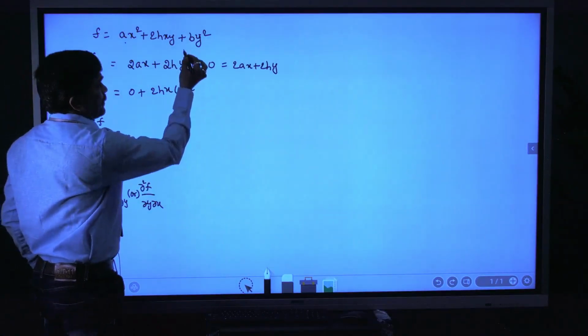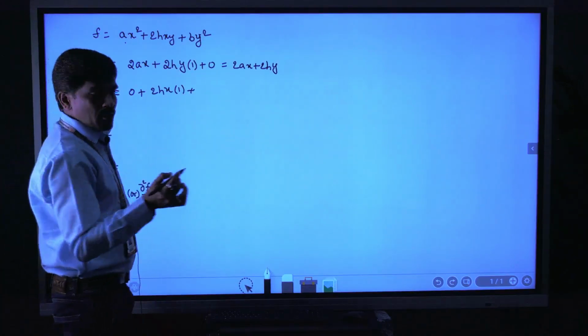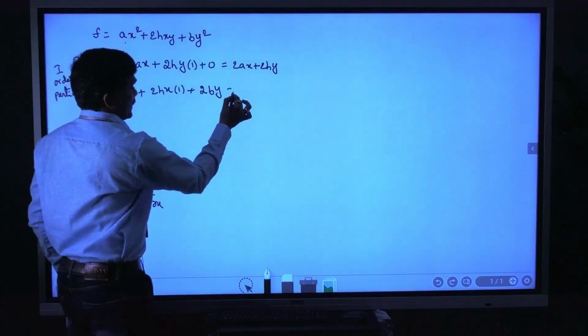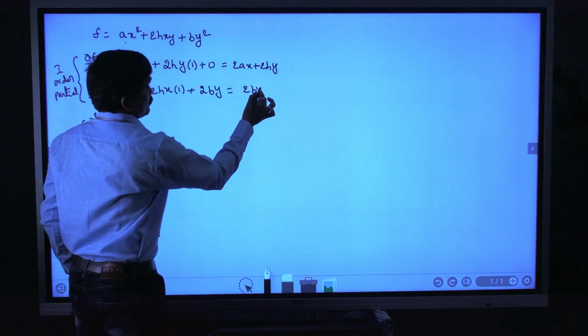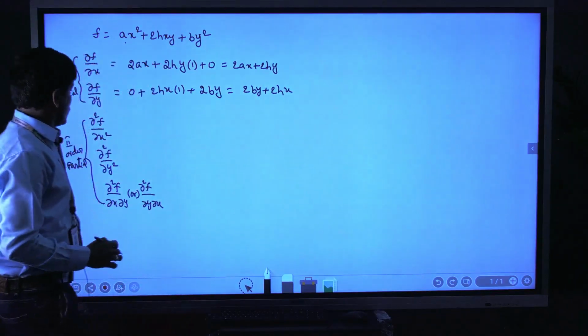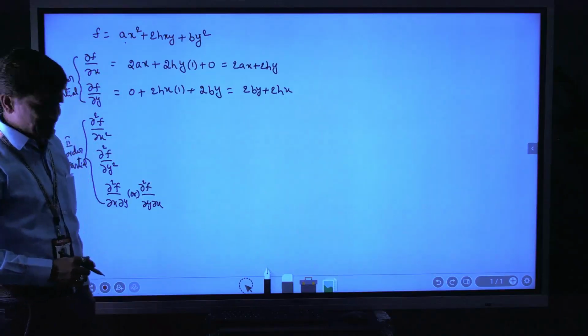Plus by square: b is constant, the derivative of y square is 2y. So we get 2by. Finally, 2by plus 2hx. So these are the first order partial derivatives, right?